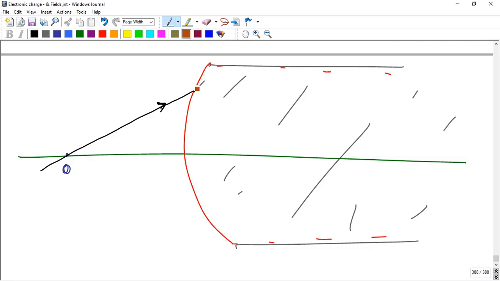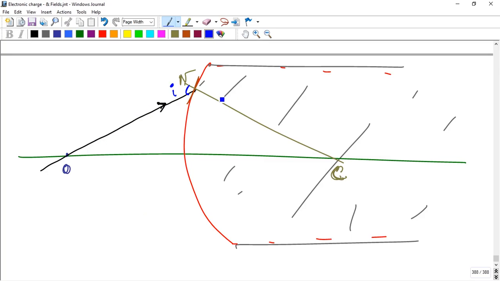Now draw a normal here, and the normal passes through C, the center of curvature. That's the incident angle i, and you see that there's a bending.